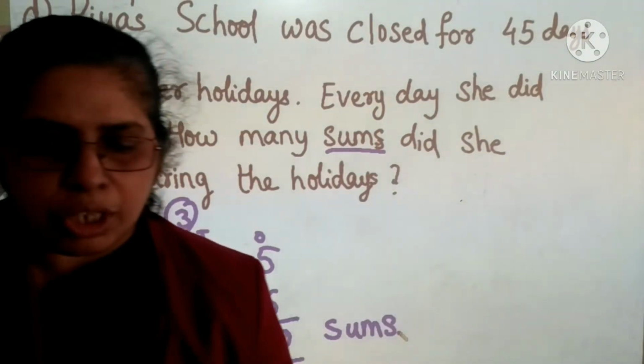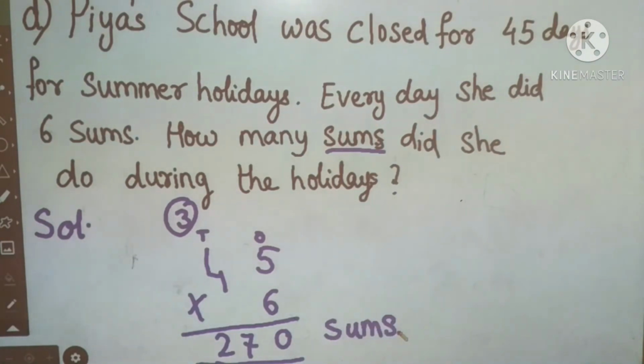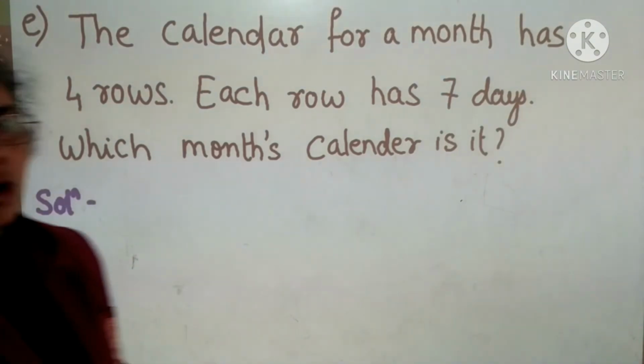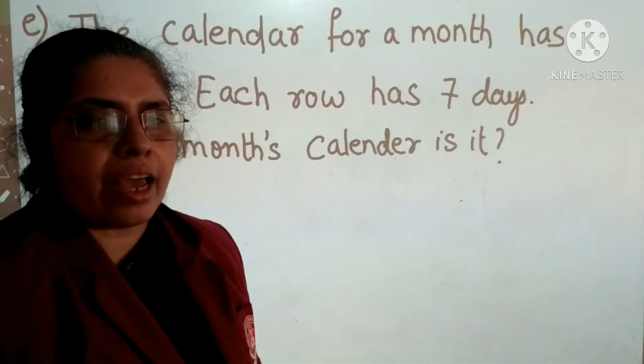Now, question number E. The calendar for a month has 4 rows. Each row has 7 days. Which month calendar is it? Calendar, we have seen the calendar at home.